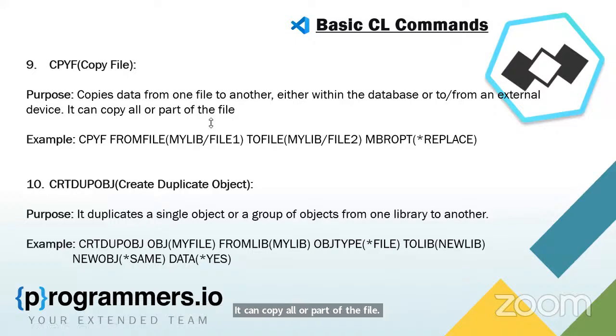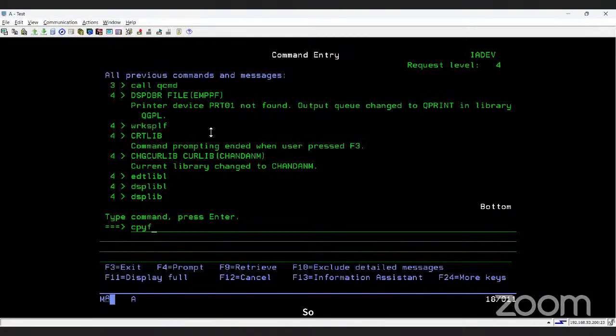This command is used a lot in day-to-day activities in IBM i. You may be testing something, copying from some important library to your own development library, and in that case it comes in handy.